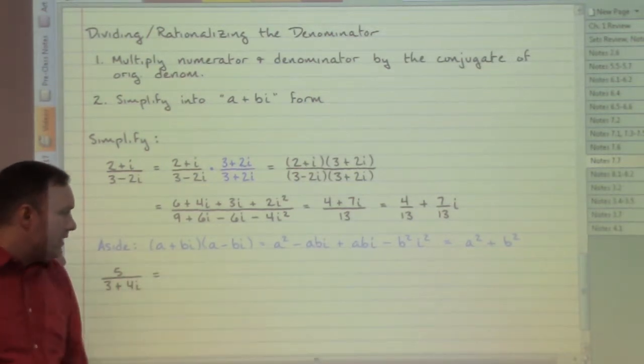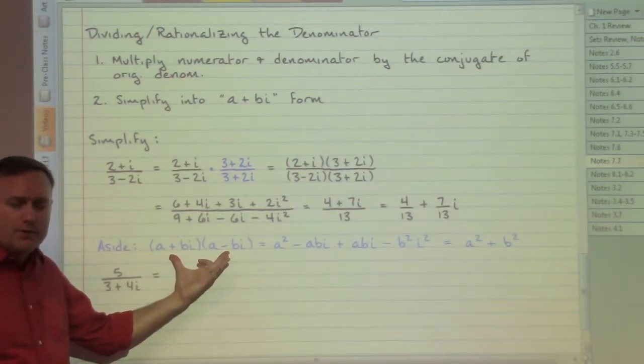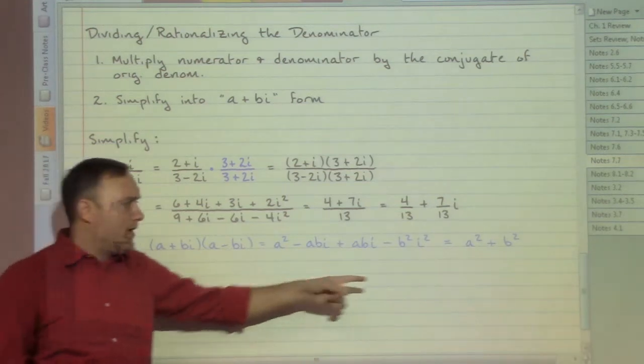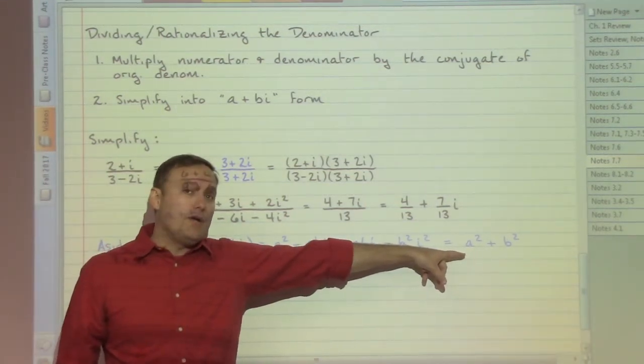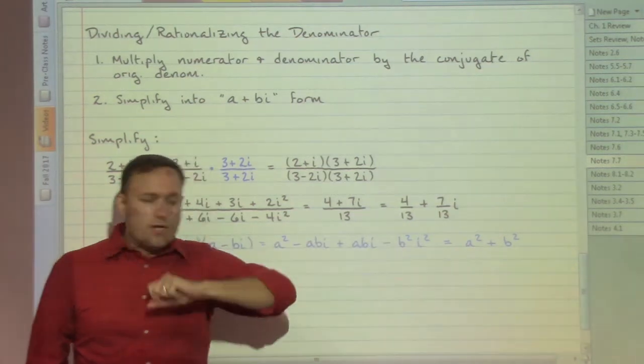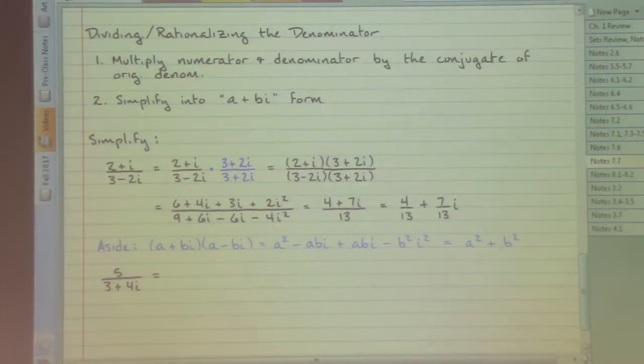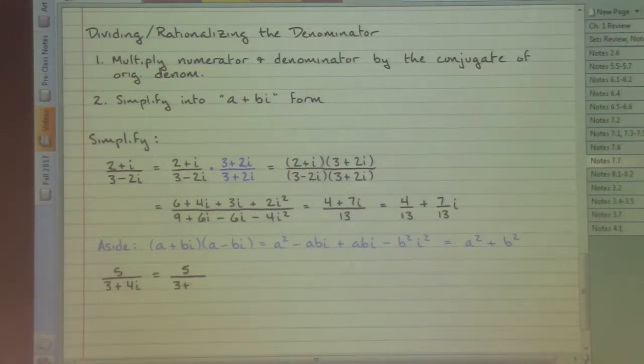A little side note here, if we take a look at a generic multiplication problem with conjugates, what we actually find is that we've got a real quick relationship that we can use if we would like to. So this gives us maybe a little extra speed in working through things. For instance, here in this next example, the conjugate that we would want to use is again the conjugate of the original denominator.